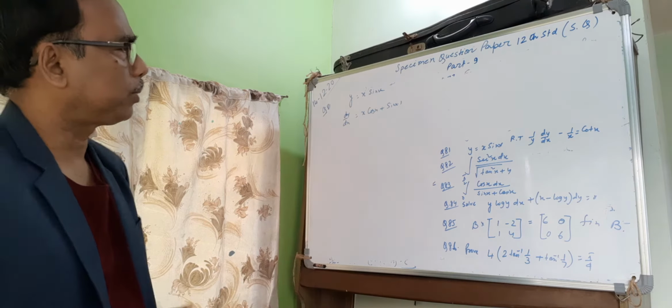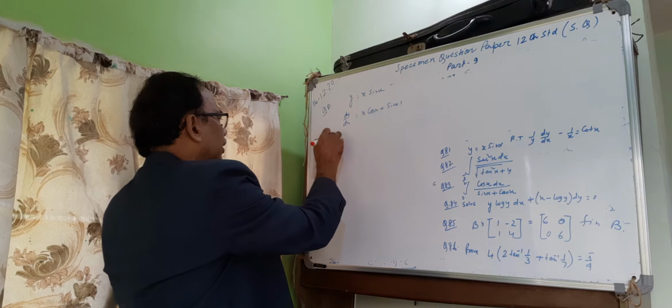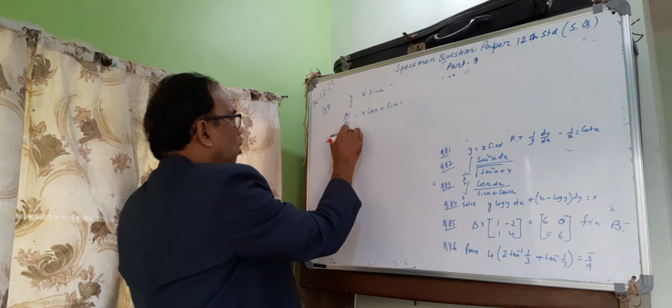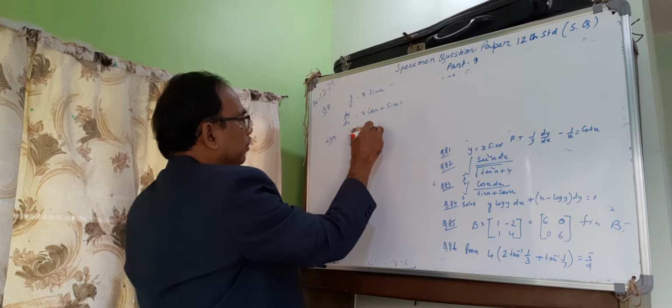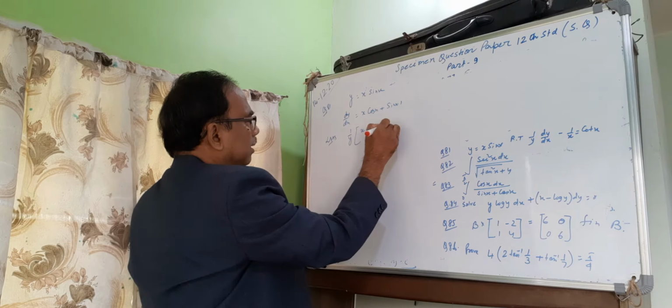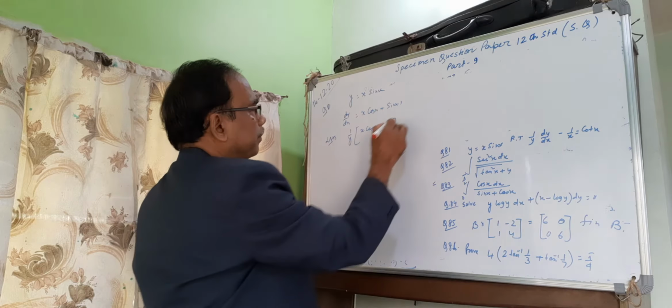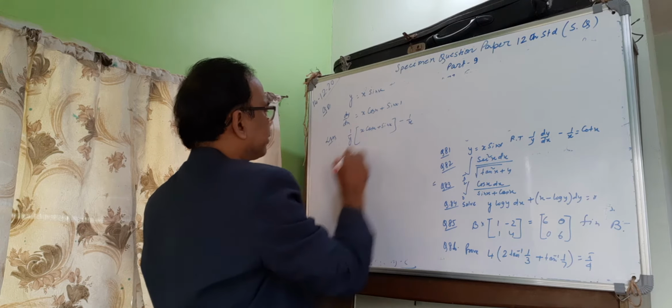Now put the value on the left-hand side: 1 by y times dy by dx, x cos x plus sin x, minus 1 by x.